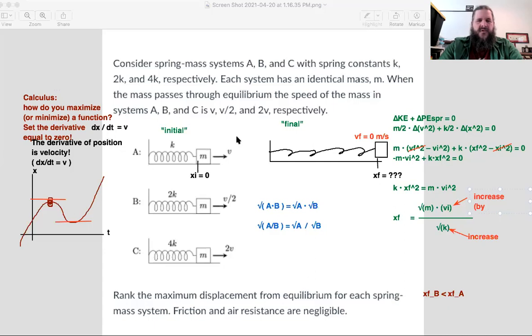Looks like we're comparing v to 2v, right? So that's just a multiplier of 2. If we're comparing A versus C, the initial speed in C is twice as much as the initial speed in A. So twice as much initial speed, that alone would suggest twice as far of a distance for x final. But what about k? How much is k changing from situation A to situation C?